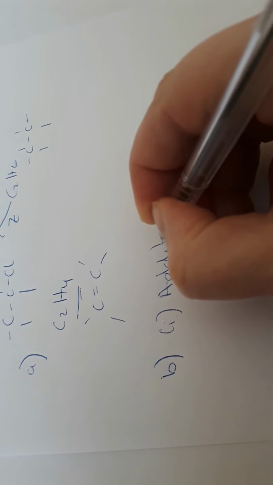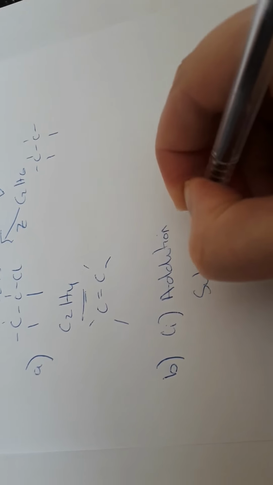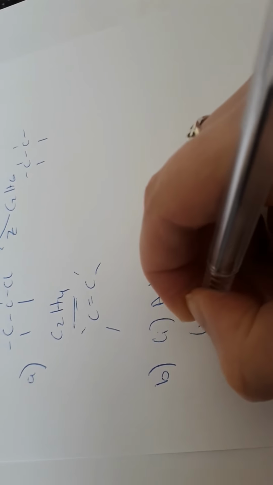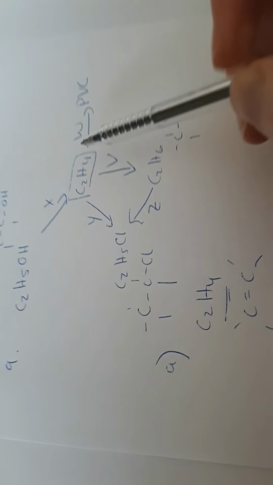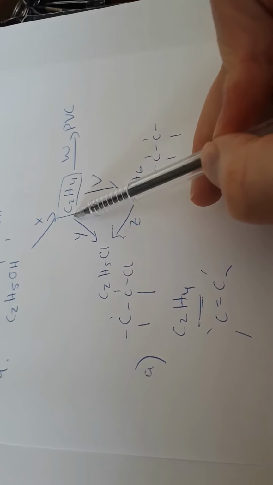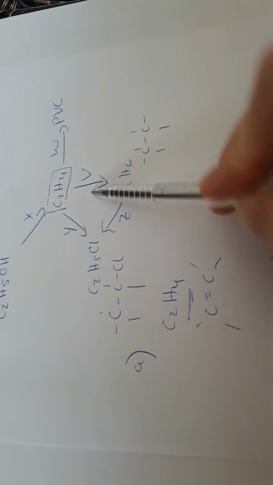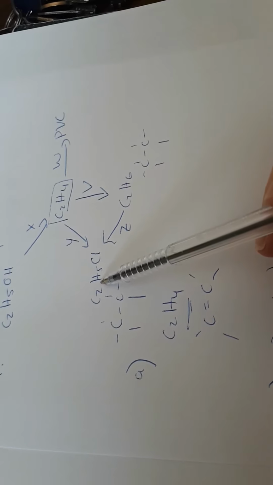So always my addition reactions are going to be basically double bonds going to single bonded molecules. So if I look at my ethene, my only two options are Y and V, and both of those are addition reactions.